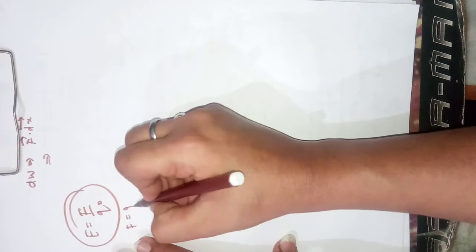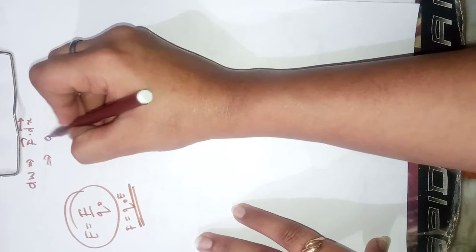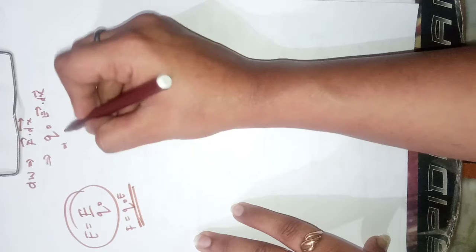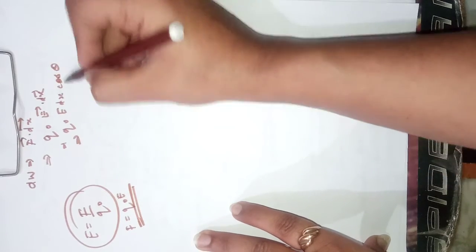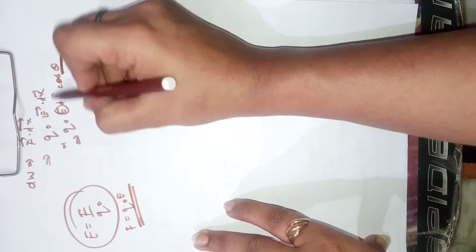Thus, the force is given by Q naught E. That is, dW equals Q naught E dot dx, which is equal to Q naught E dx cos theta. Here theta is nothing but the angle between E and dx.